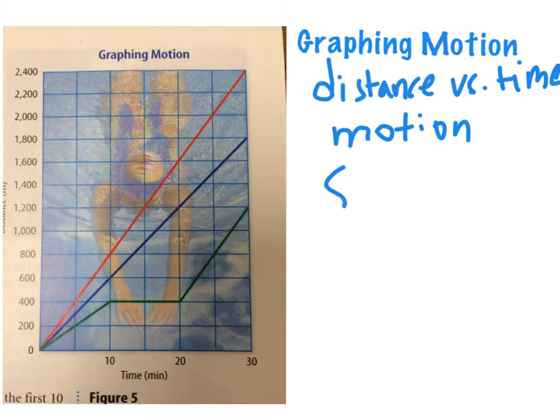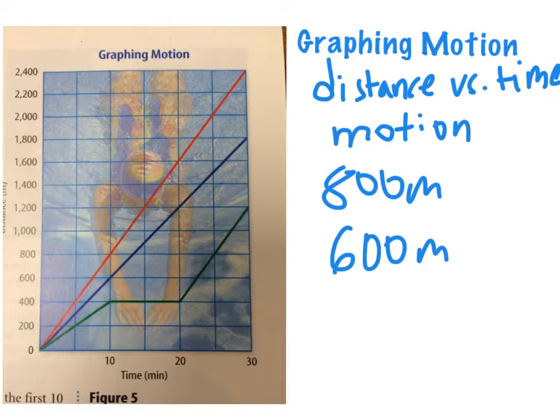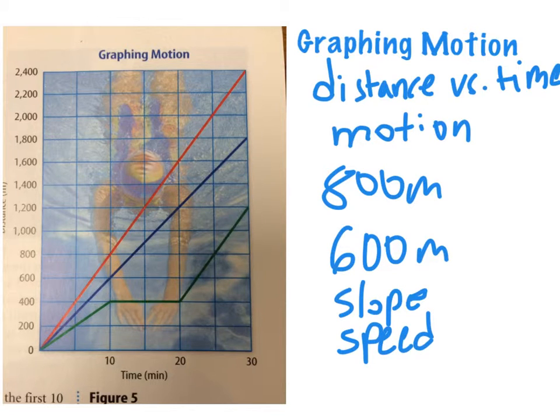So you should write 800 meters there. At the same time, the blue line went 600 meters. So if we look at the blue line at 10 minutes, it went 600 meters. Therefore, if you look at these lines, the blue line is not as steep. This steepness of a line is called slope. And it lets us know the speed at which something is traveling.